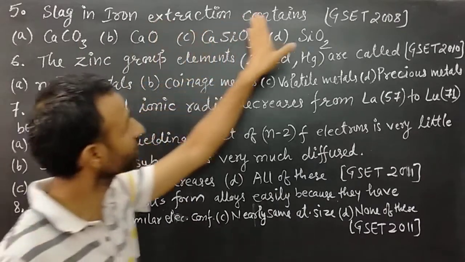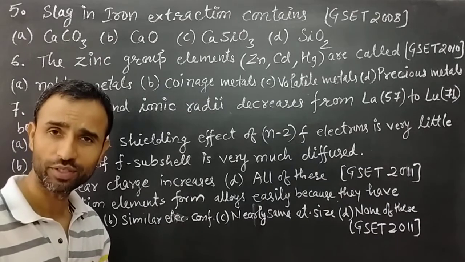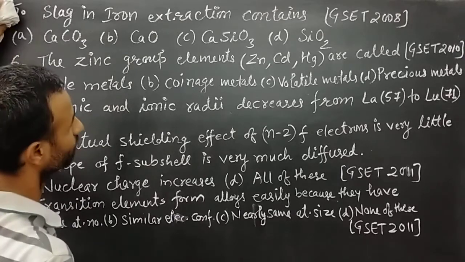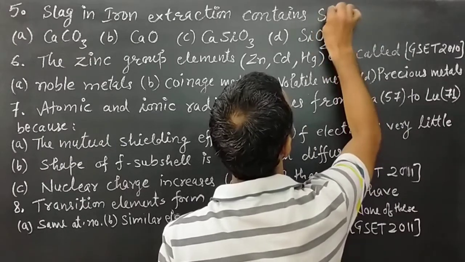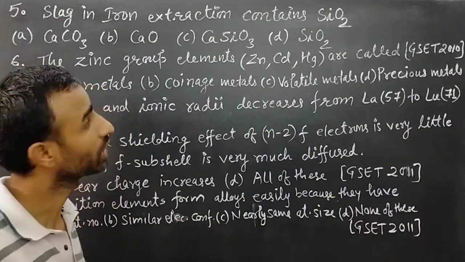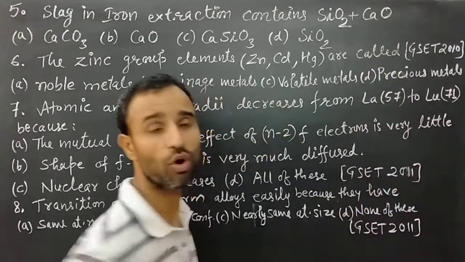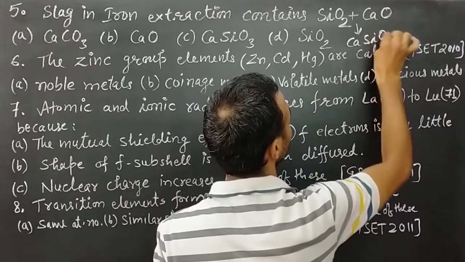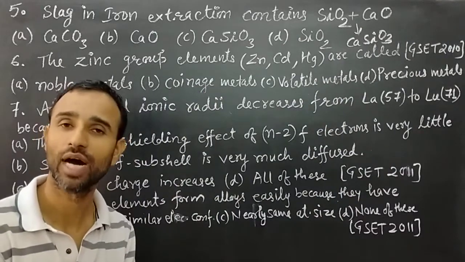Slag in iron extraction contains. So you know, which one is the main impurity in iron ore? It is actually silica, and it should be removed, otherwise it can block the furnace. Silica is removed by reacting with calcium oxide, and therefore calcium silicate is formed in liquid state and floats over the molten iron.